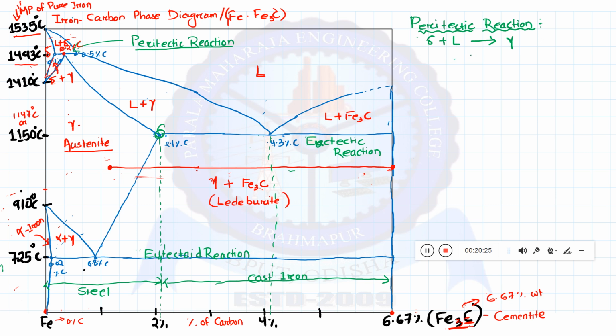It happens at 1493 degrees Celsius. Here the percentage of the delta phase is 0.1 weight percentage, liquid will be 0.5 percentage and the gamma has 0.2 weight percentage. Okay.